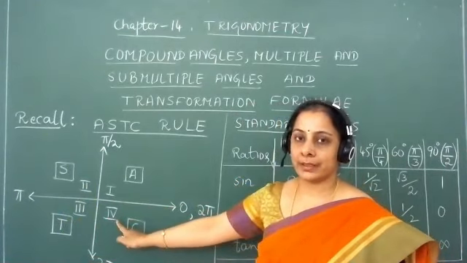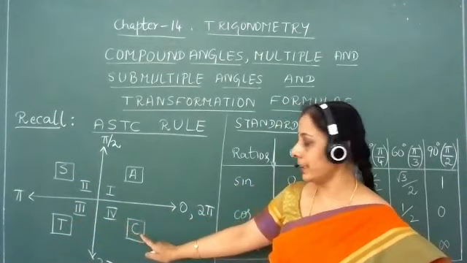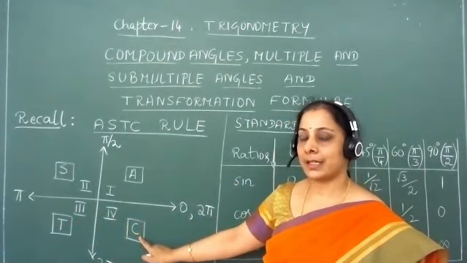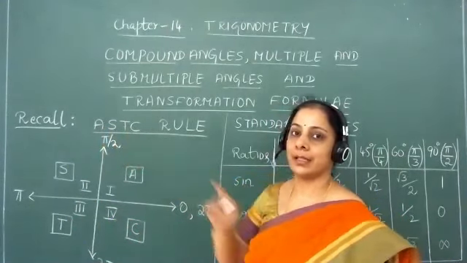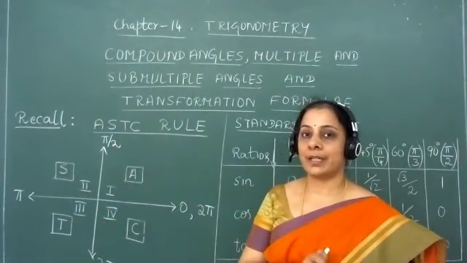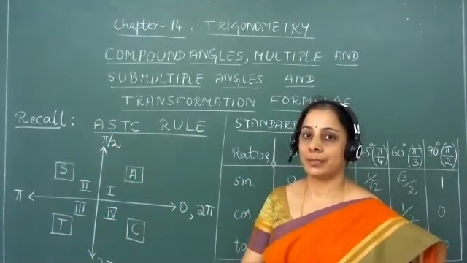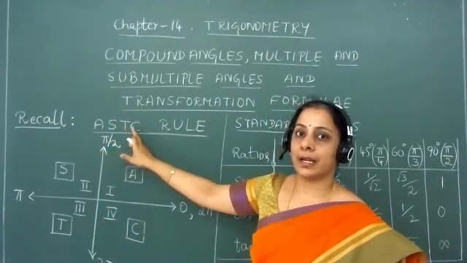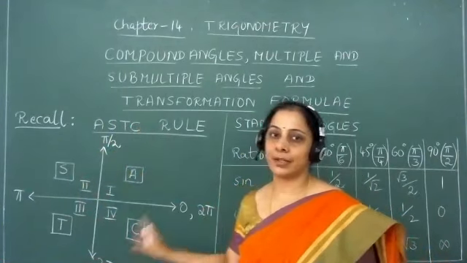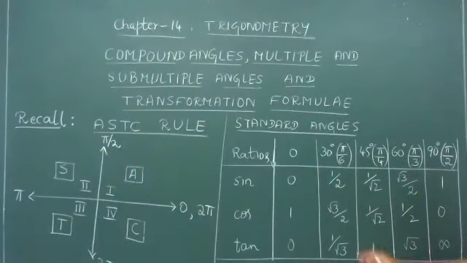Likewise, in the fourth quadrant, cosine and its reciprocal secant will be positive. So we collect here all the first letters of those words. First quadrant all, second quadrant sine, third quadrant tan, fourth quadrant cosine, and the respective reciprocals to be positive in the respective quadrants. The associative memory which could be related to this ASTC will be all students take chocolates. So that is the ASTC rule, which was learned in the first PUC class.